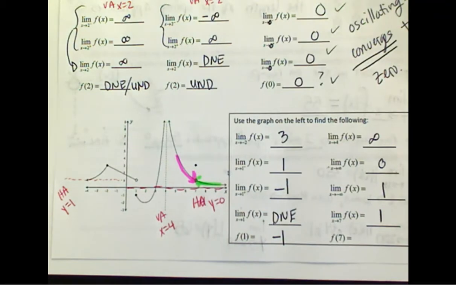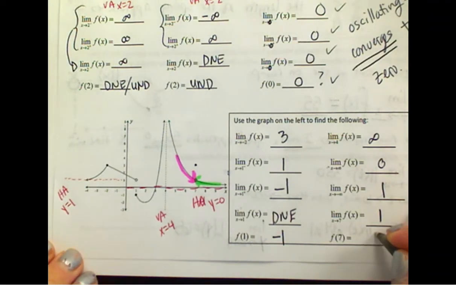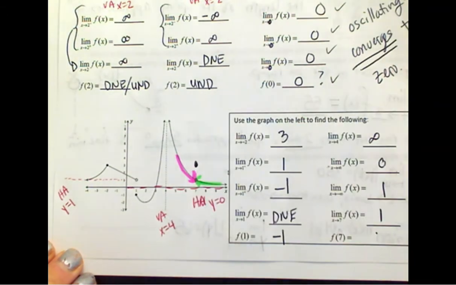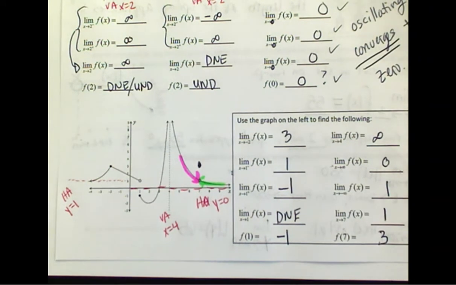The limit is 1. Michael, tell me what the point is. No. Where's the point? 3. Okay, so make sure you get them in the right place. All right, guys, that was limits graphically. Check it off. Okay, table.